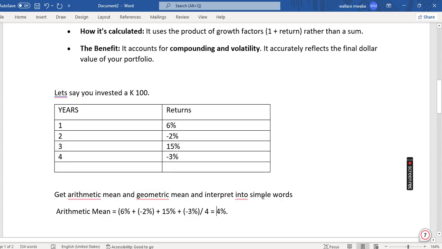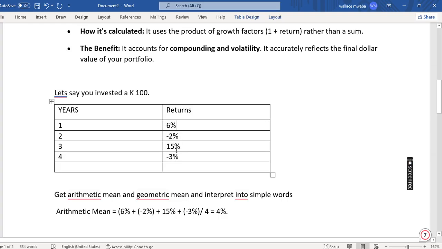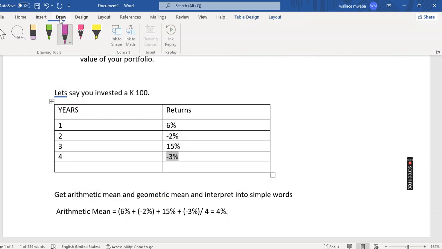Now we're going to look at the geometric mean, where we're going to take compounding into effect. We can see here our return first dropped, then grew, then dropped. So we're just trying to ask ourselves, if we try to make a steady growth rate, what is the growth rate that leads us from 6% down to negative 3%? Let me illustrate this.